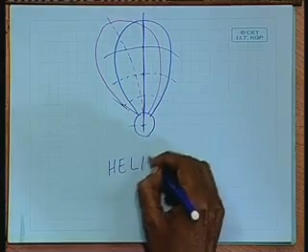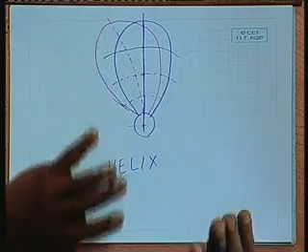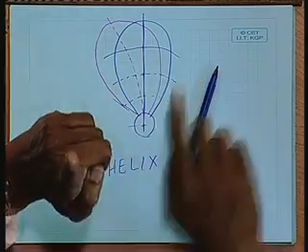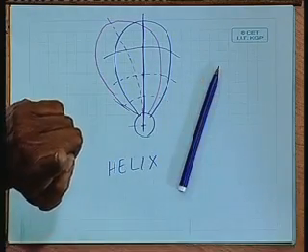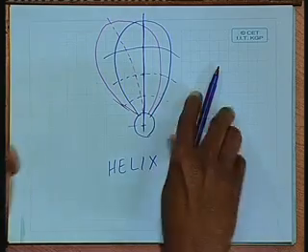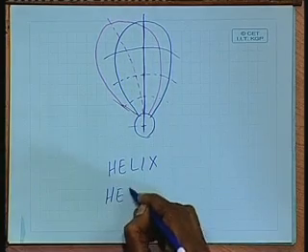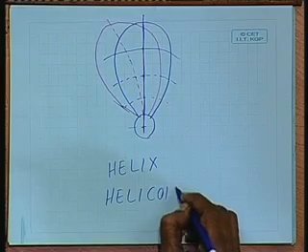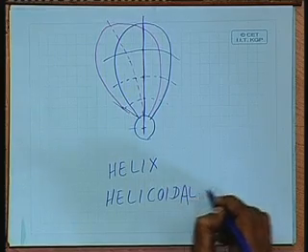Now, the line that is formed by the tip is a 3-dimensional curve known as a helix. Now, if this entire line I trace, it will form a 3-dimensional surface which is called a helicoidal surface.